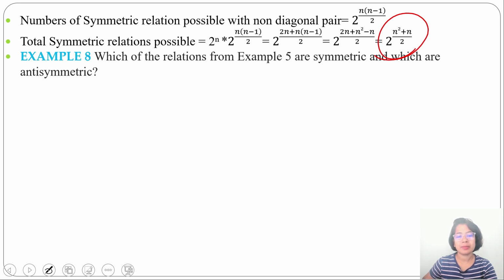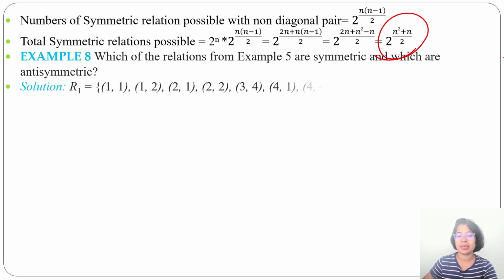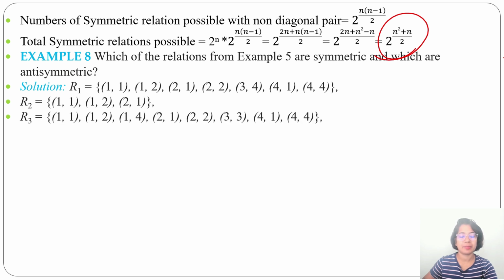Let's see one example. Which of the relations from example 5 are symmetric and which are antisymmetric? It's the same example I used for reflexive relation. There are some relations, and we need to identify which one is symmetric and which one is antisymmetric. R1 is neither symmetric nor antisymmetric. I see here (1,2) present, (2,1) present.